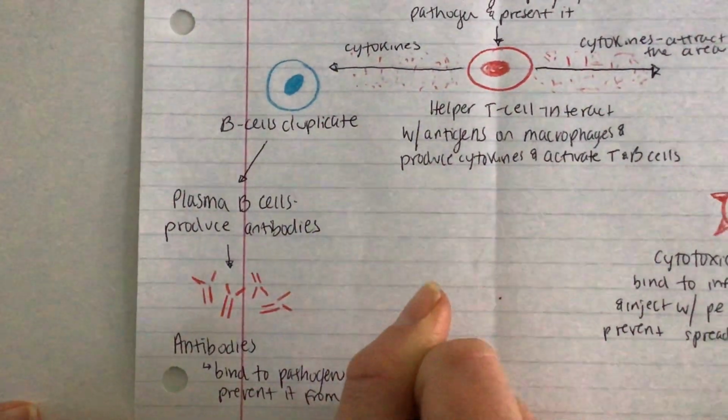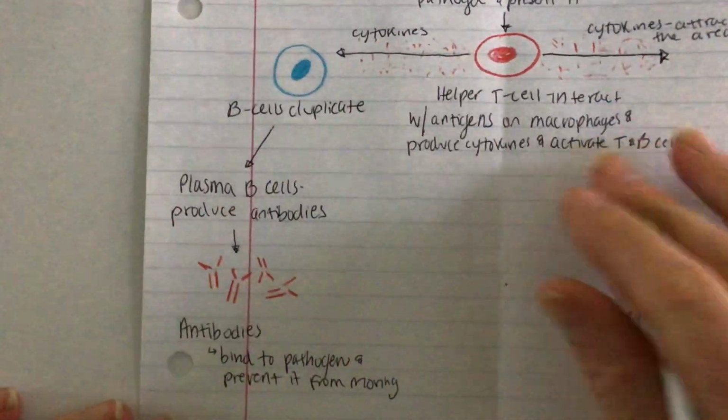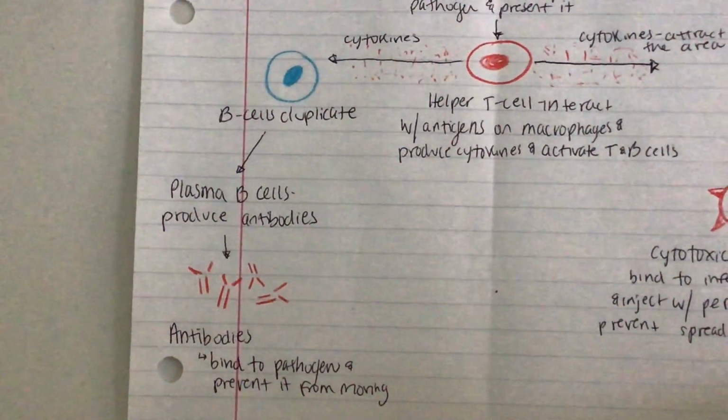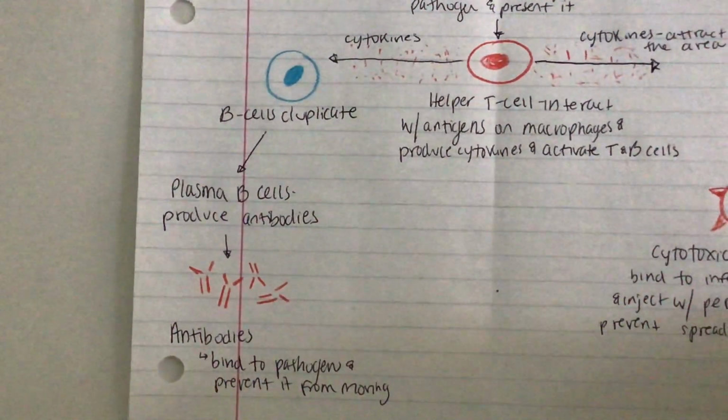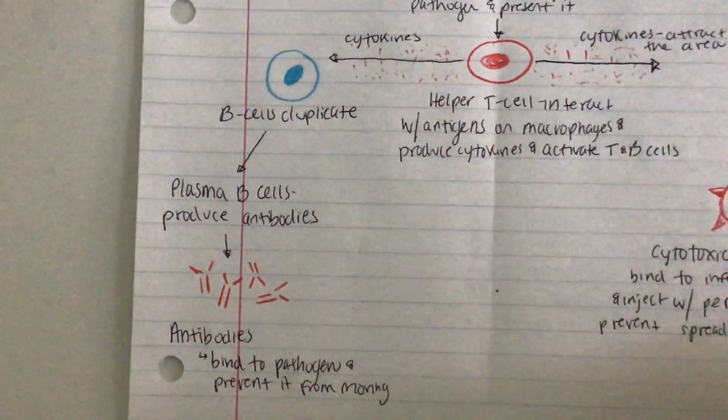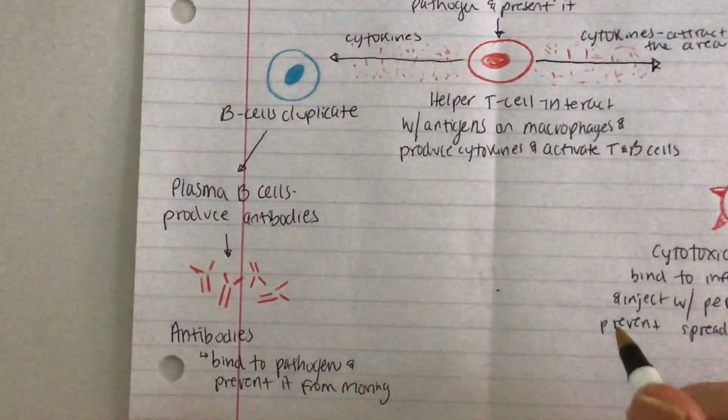Now this is huge because if our pathogen can't move, it can't get into our cells and it can't copy itself, and that saves us. So it basically indirectly kills the pathogen by just holding it in place. But it itself can't do anything other than prevent it from moving.